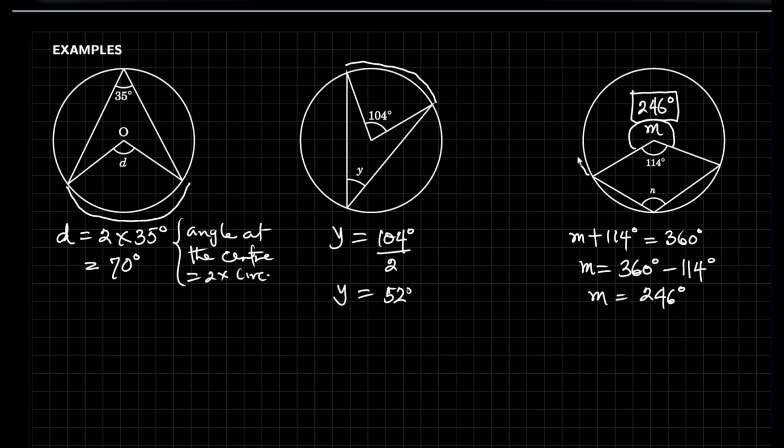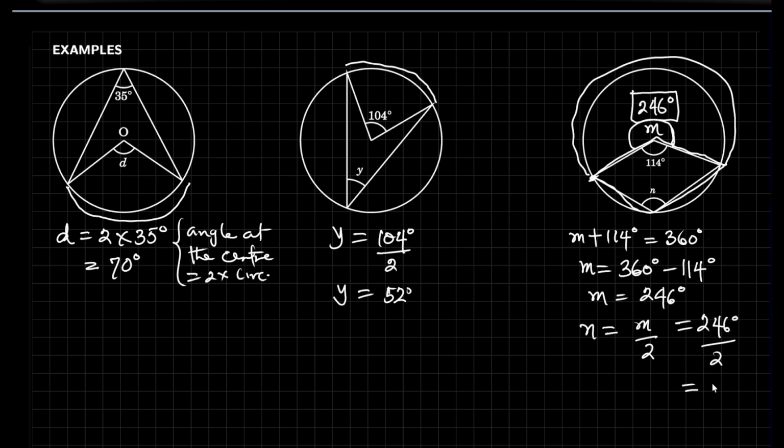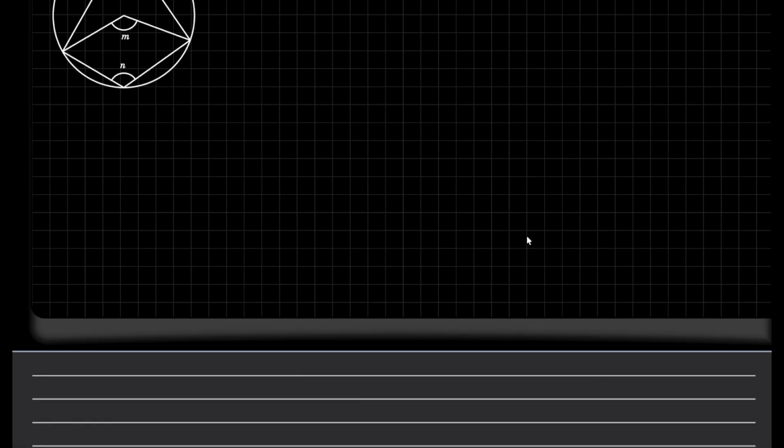So this arc has the angle at the center, m, which is 246, and the angle at the circumference, which is n, right? So n equals m divided by 2. So this is 246 divided by 2, which is 123 degrees.